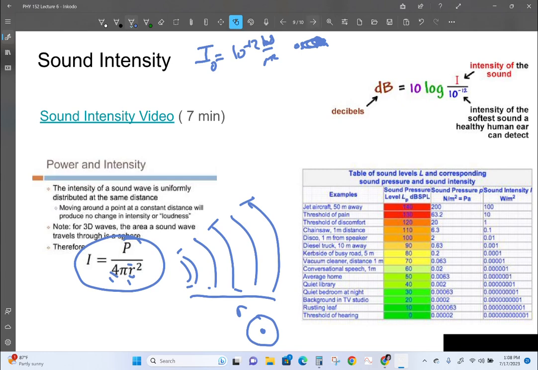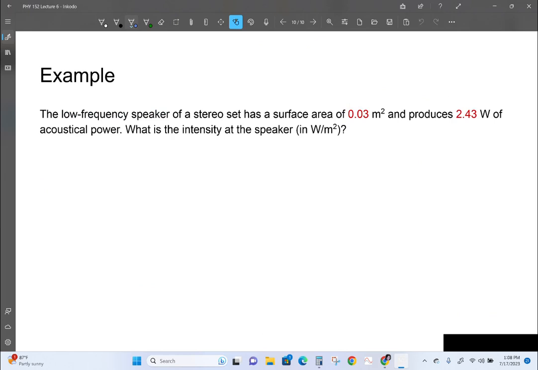So if I want to find that intensity, I need to know what the surface area is, and I need to know what the wattage is of that speaker. So my intensity is P all over 4 pi r squared, which is 2.43 watts.